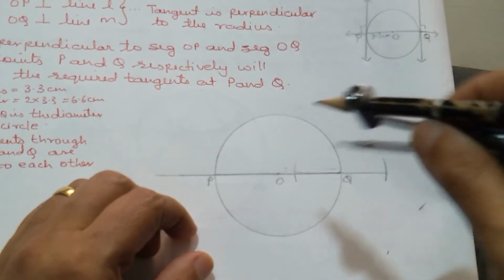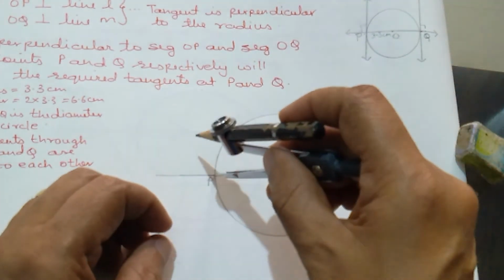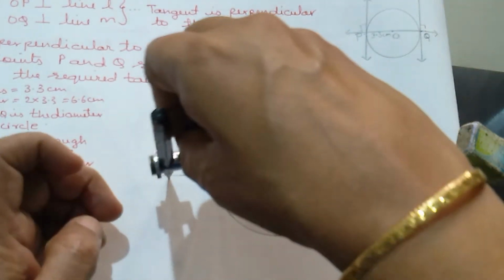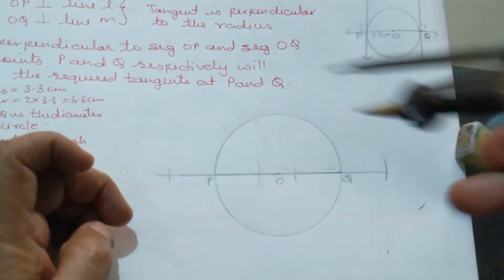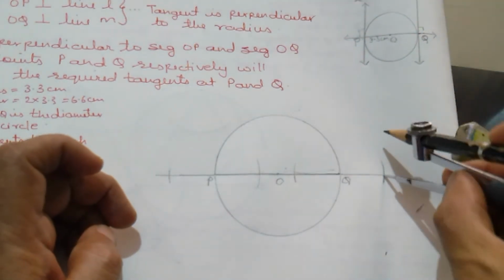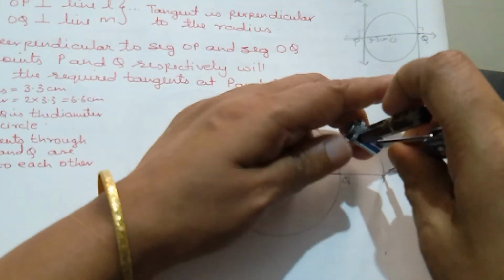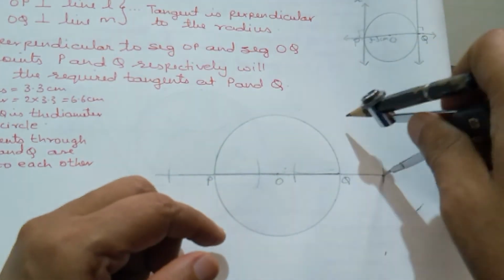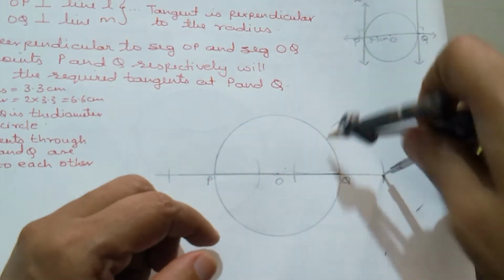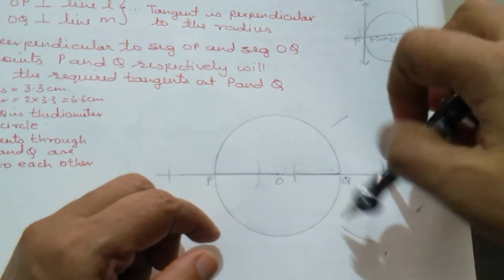Then draw from here also. Now keep once over here and draw an arc more than half the distance between the two arcs, and draw an arc on the top and draw an arc on the bottom.